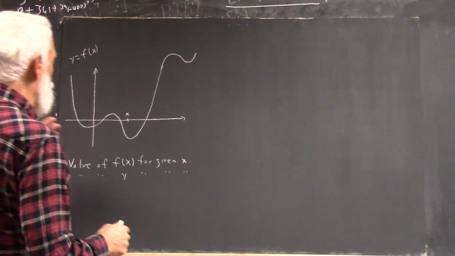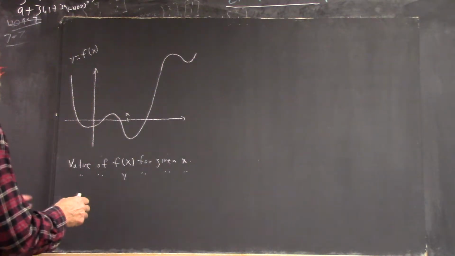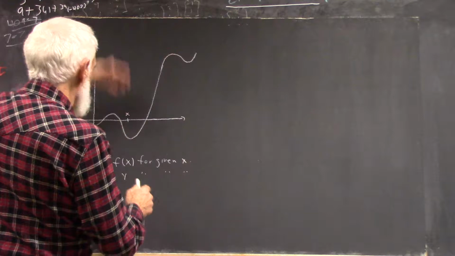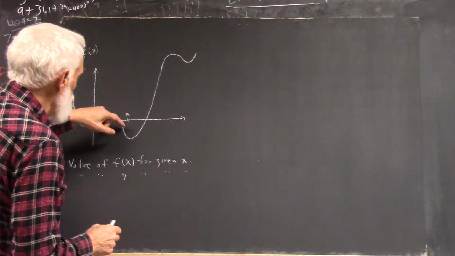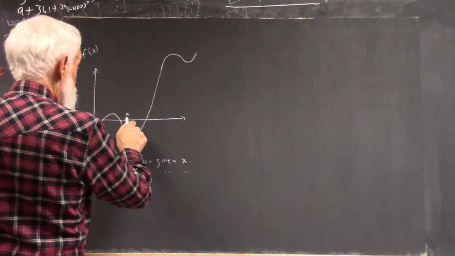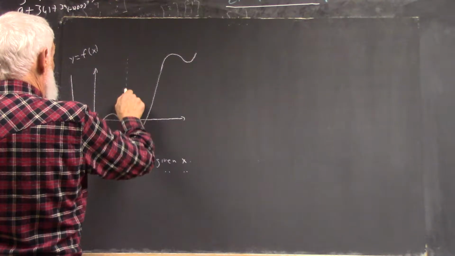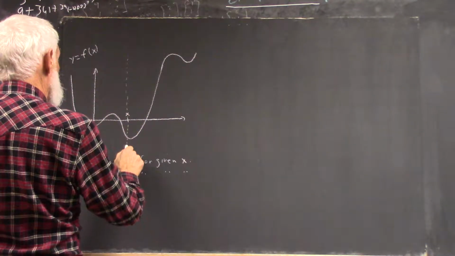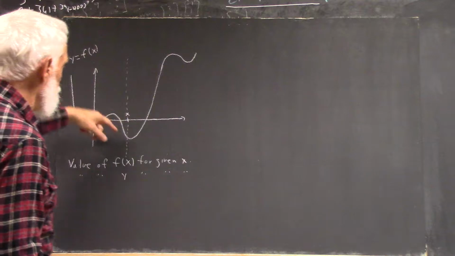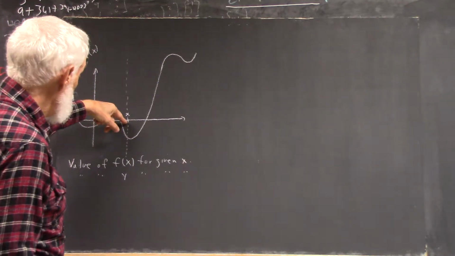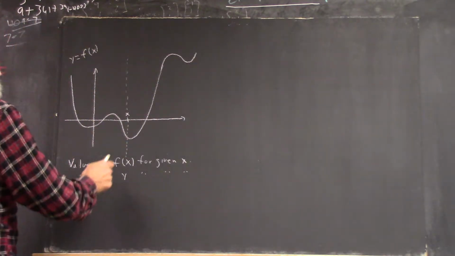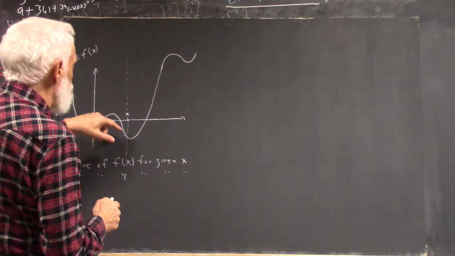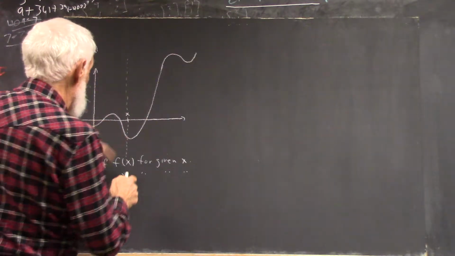Okay, the value of y that corresponds to x, well, you take all the points in the plane for which the x-coordinate is this. Well, that would be all the points on this vertical line, because that's where all the points whose x-coordinate is whatever this is occur. And you find the point on the graph that has the same x-coordinate.